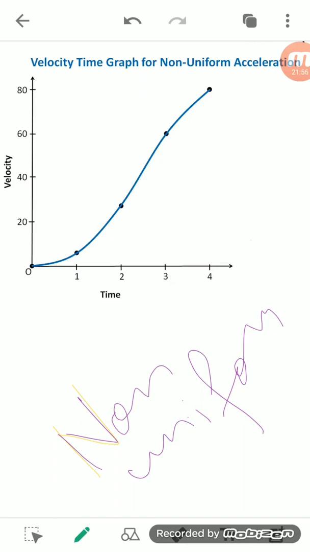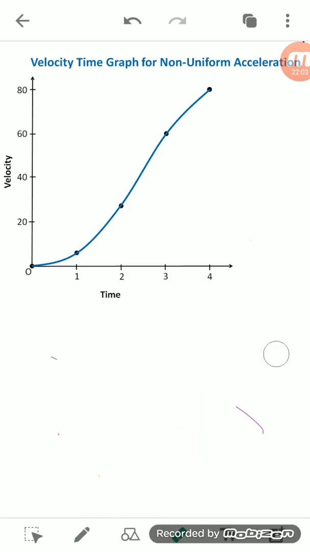We discussed uniform acceleration, in which there is a rate of change in the velocity per unit time, and this change occurs in equal amounts in equal intervals of time. But if the velocity changes in unequal amounts in equal intervals of time, then it represents non-uniform acceleration.